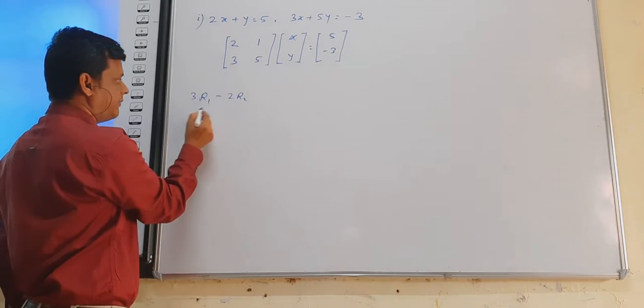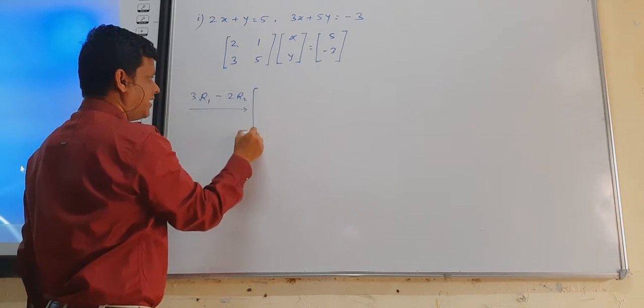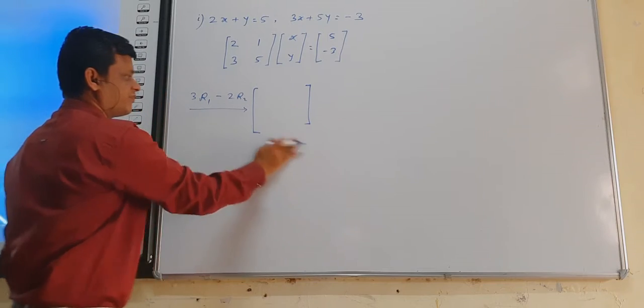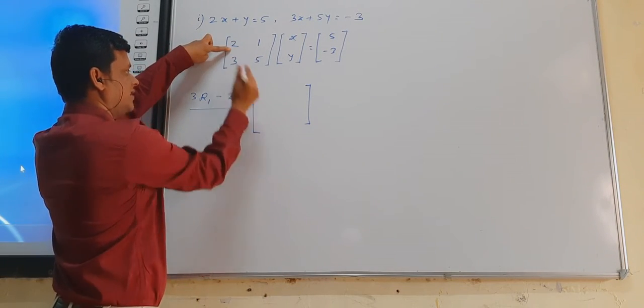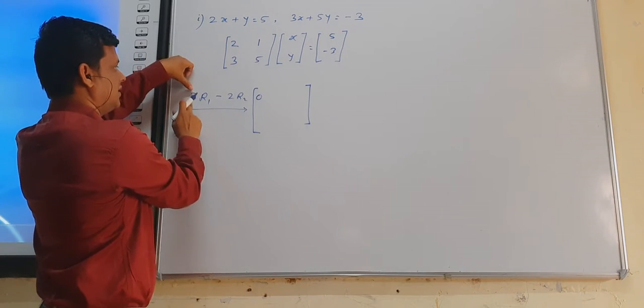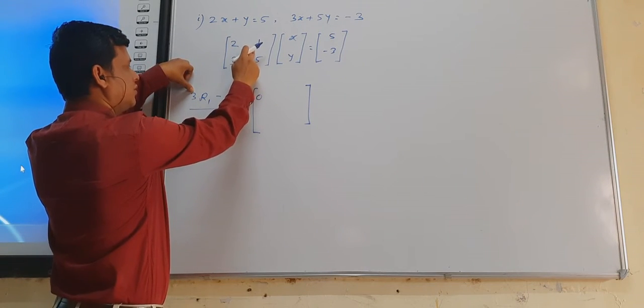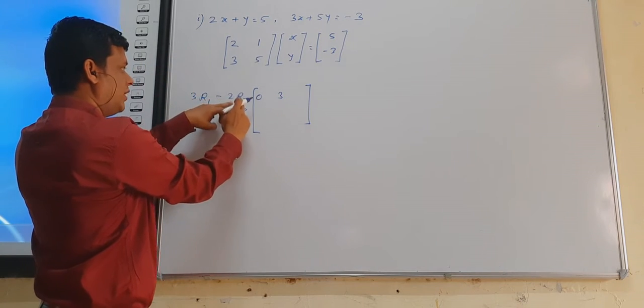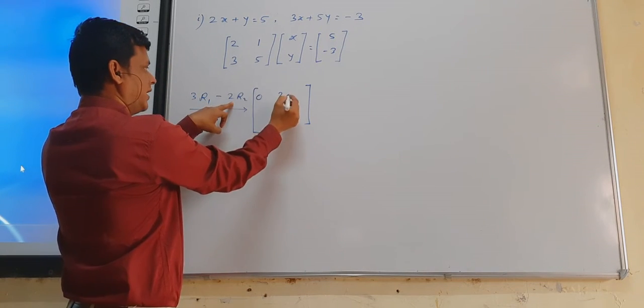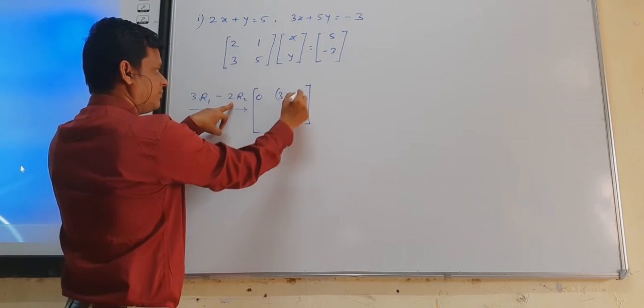If we take the difference, we write this in the first row. 3 R1 gives 6, and 6 minus 6 is 0. Then 3 into R1, R1 is 1, so 3 into 1 is 3, minus 2 into R2, 5 into 2 is 10, so that is 3 minus 10.